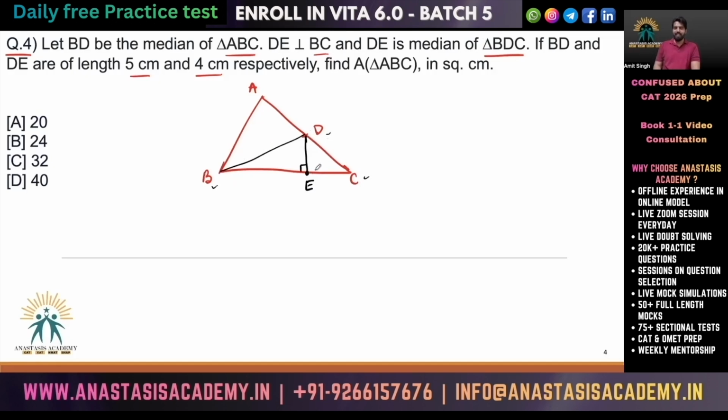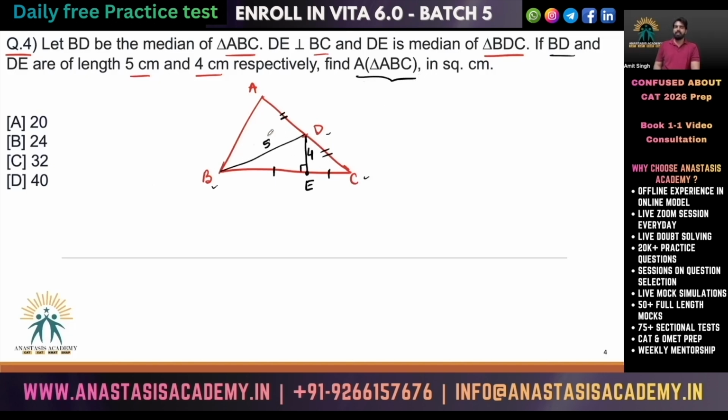Actually, it is not up to the scale, but because DE is the median, these two lengths must be equal, right? Also, these two lengths are equal because D is the midpoint, and these two lengths are equal because E is the midpoint, correct? Now, BD is 5 and DE is 4, and I need to find the area of triangle ABC.